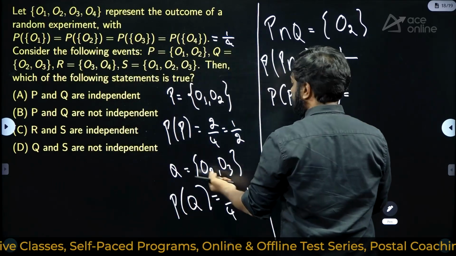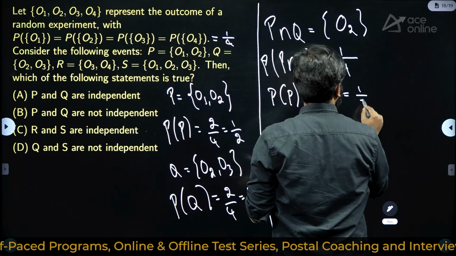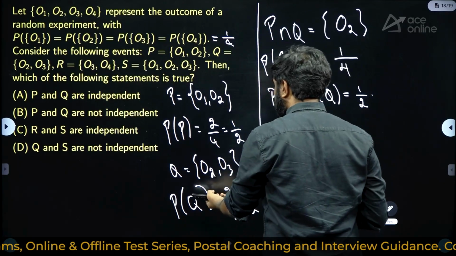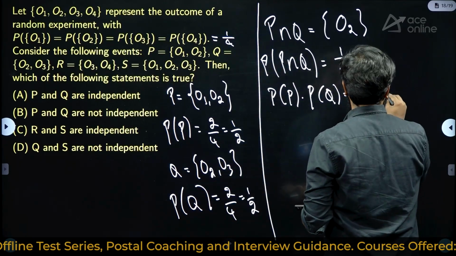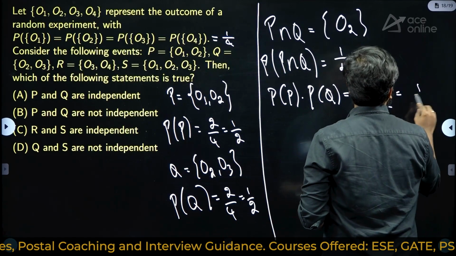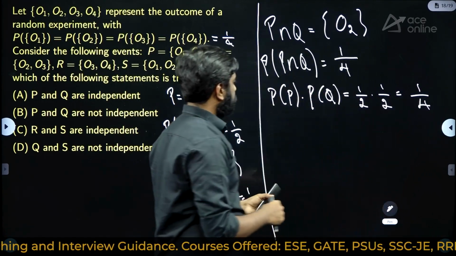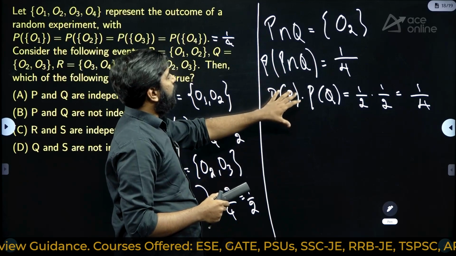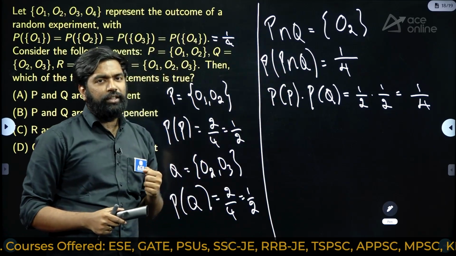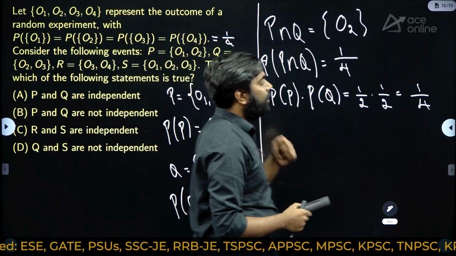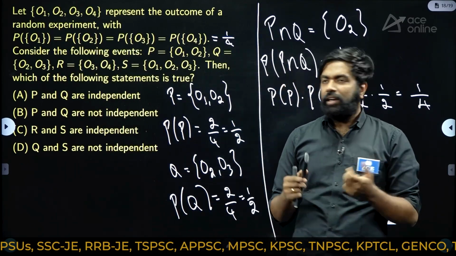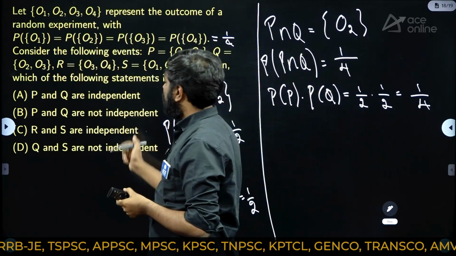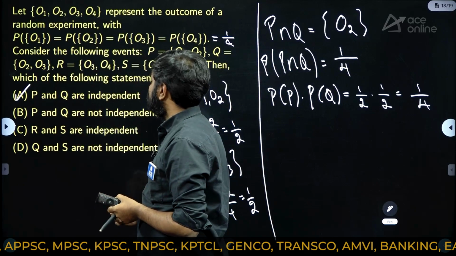The probability of P is 1 by 2, times the probability of Q, which is also 1 by 2. So how much is this? This is 1 by 4. Is this product equal to the probability of their intersection? Yes, therefore they are independent. So I can now say that P and Q are independent. So this is our correct answer.